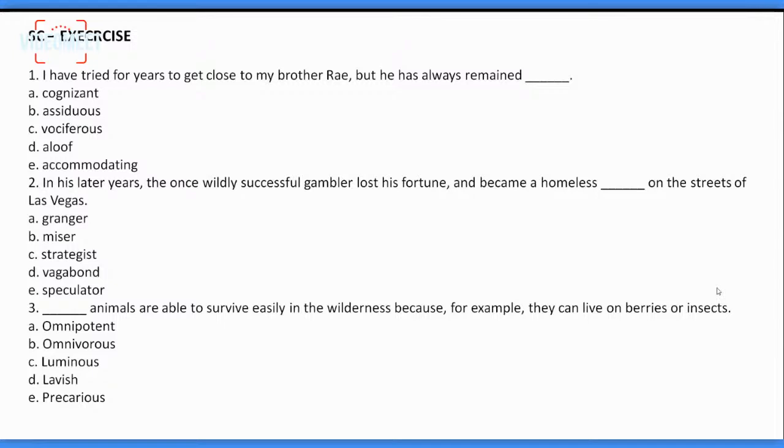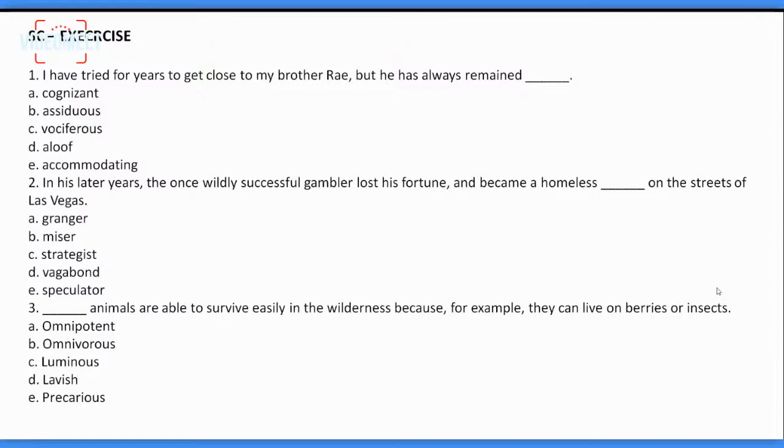Next, third: animals are able to survive easily in the wilderness, for example, because they can live on berries or insects. That means they can eat both plants and insects, or maybe animals, right? So what do we call these kinds of animals? These kinds of animals are called omnivorous animals, not omnipotent.